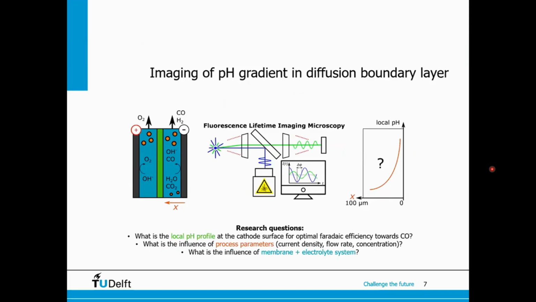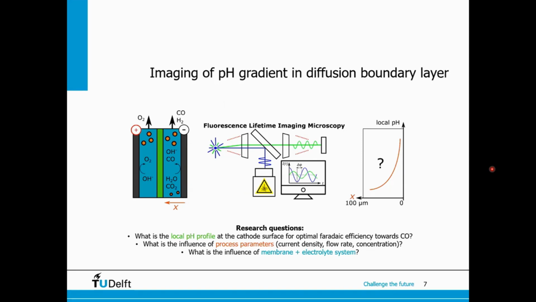So the plan is we build a custom reactor where we have optical access so that we can measure the local pH profile. Then once we have this tool, we can check some process parameters. What happens if we change the current density, the flow rate or the concentration, for instance.